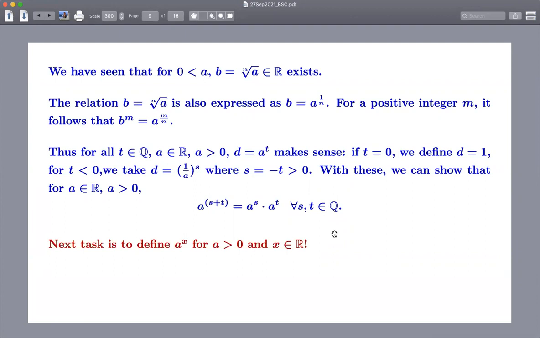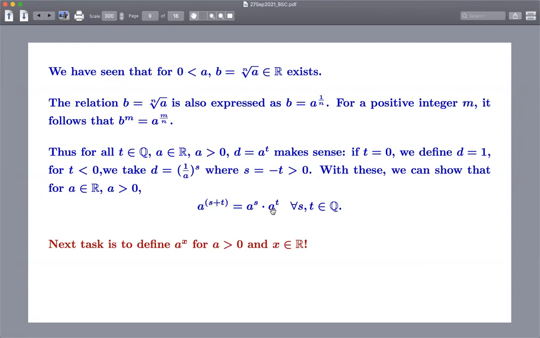Okay, so the point is, let's again start backwards. We would like to define a power s or a power t, where s is positive or negative or 0 or anything. And our guiding principle is this property: a power s plus t is a power s times a power t. That is our guiding property. And here, what meaning do we want to give to a power minus 1?